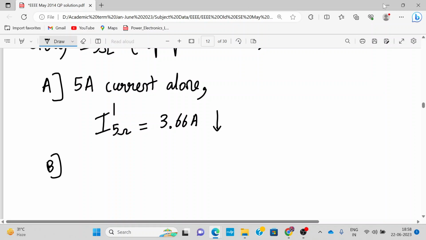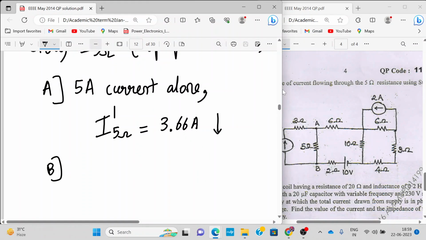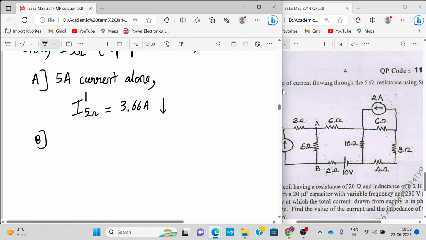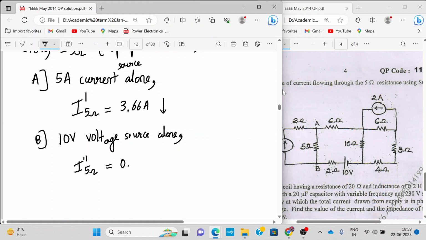When you consider the 10 volt voltage source, the current I double dash will be 0.536 ampere, and that current will be upward.